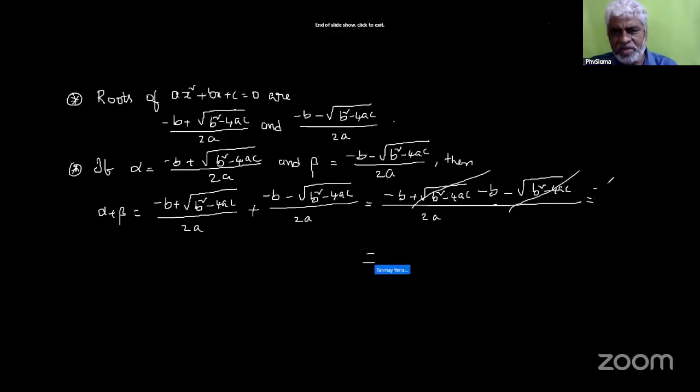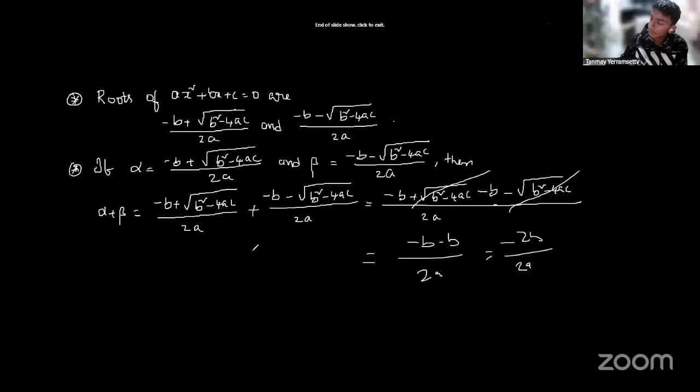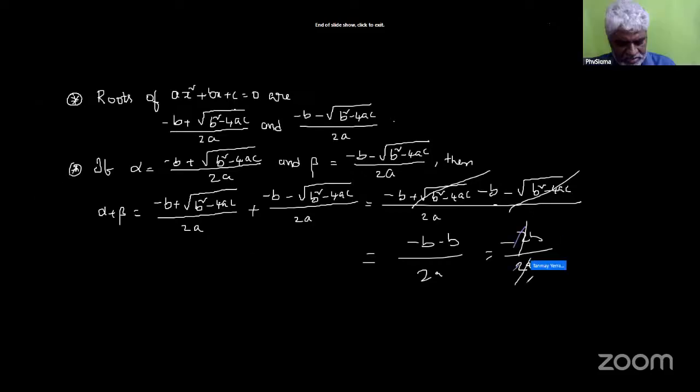After cancellation, we are left with minus 2b by 2a, minus b by a. You can cancel 2 also. After cancelling 2, finally, minus b over a.